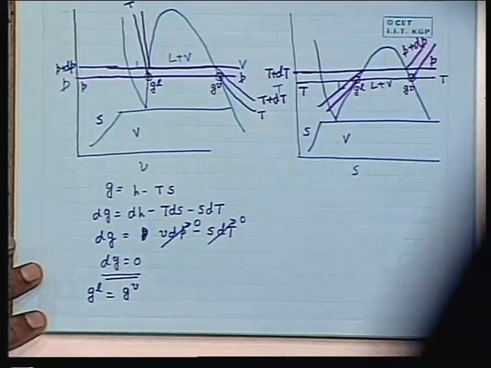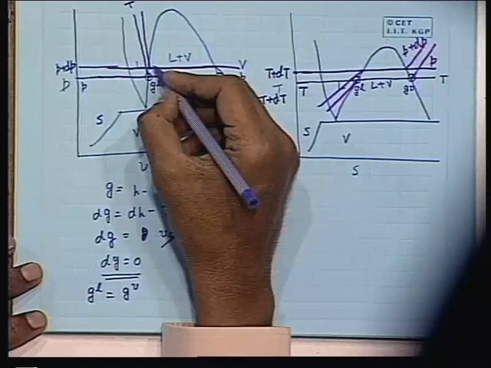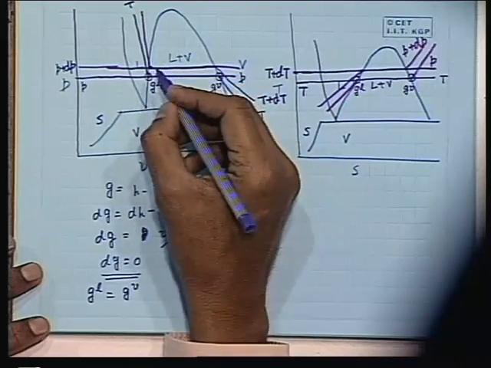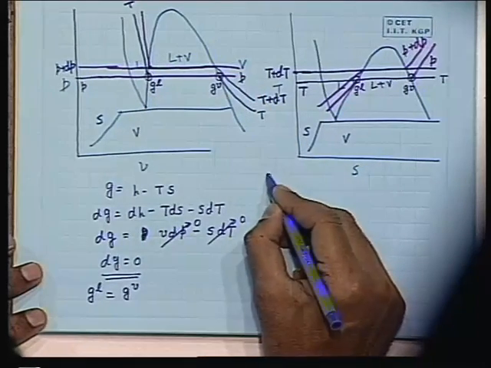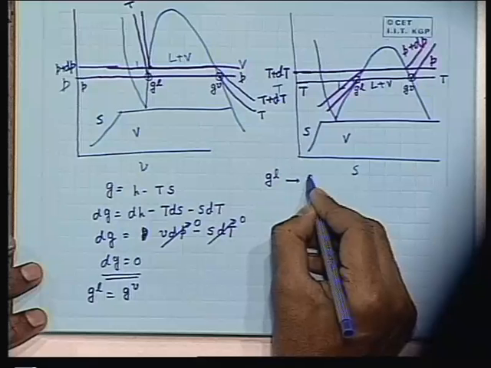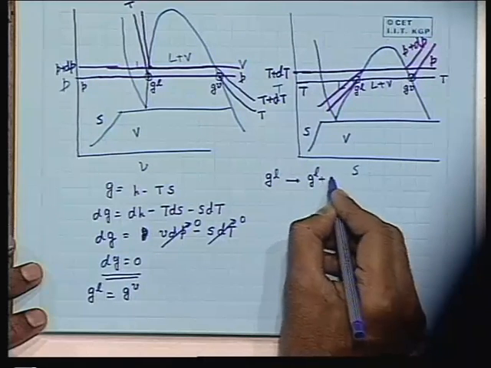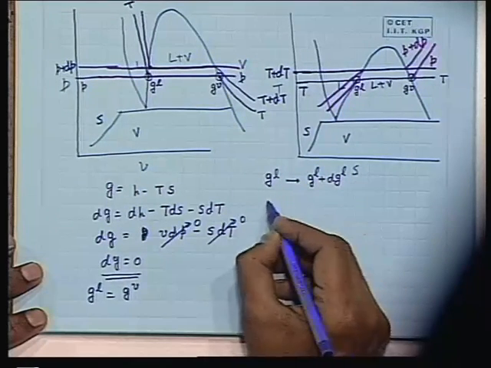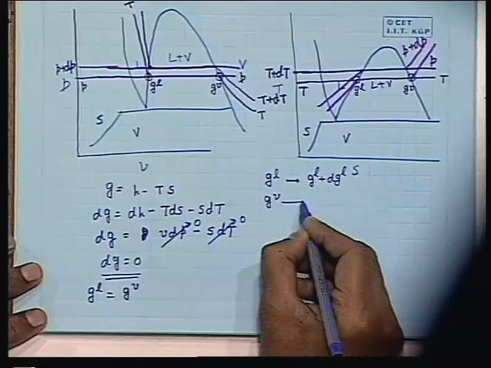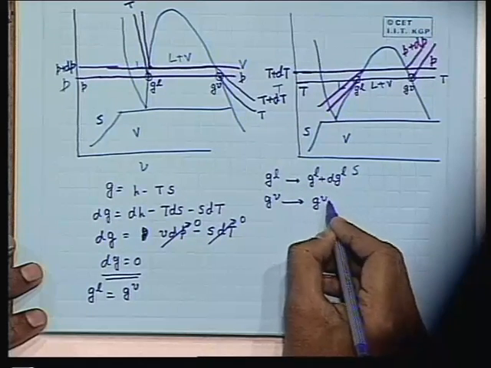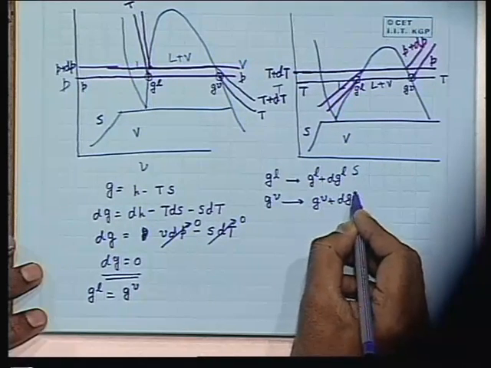And for this, let us consider that the Gibbs function in the liquid phase changes from GL to GL plus dGL, and the vapor phase Gibbs function changes from this to GV plus dGV.